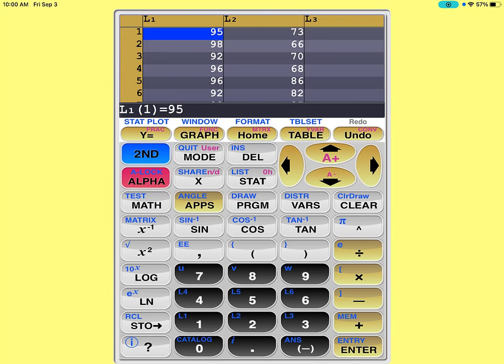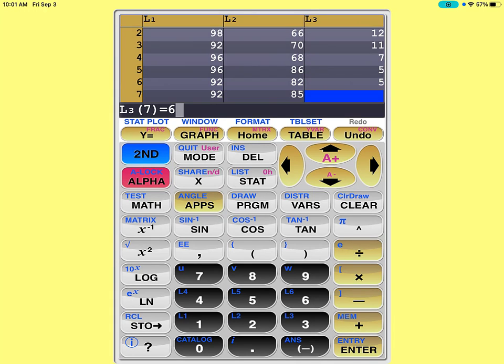Let's just go to list 3. But we're going to have to tell you where we got that list of numbers from. 3, 12, 11, 7, 5, 5, 6, 4, 10.